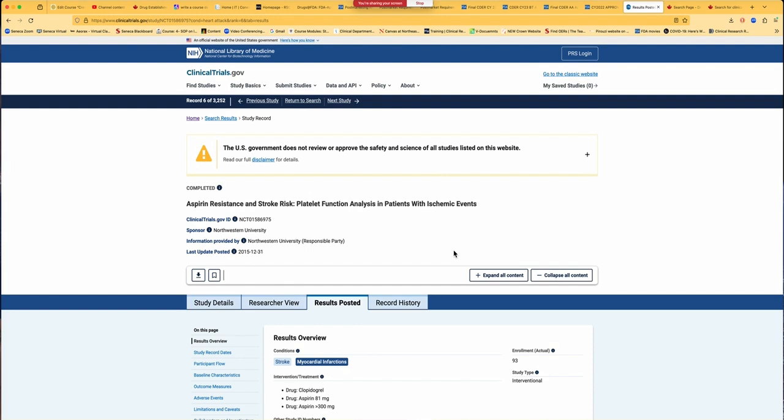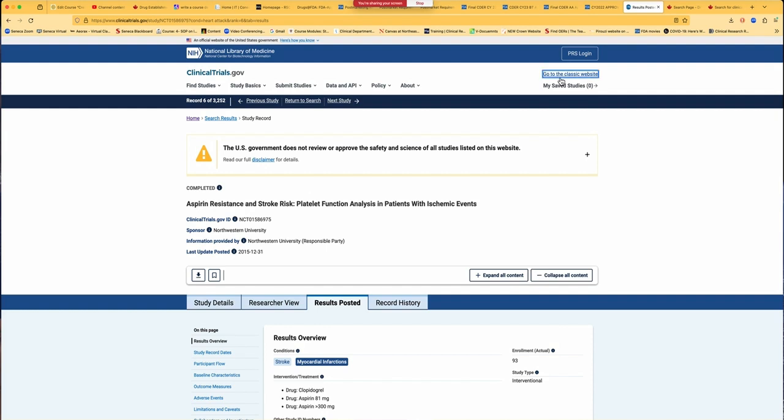I repeat, there are other functionalities that you can find in the classic website. How do you access the classic version? Go to the top of the website and then to the web page, and then go to your right. Click on go to the classic website.